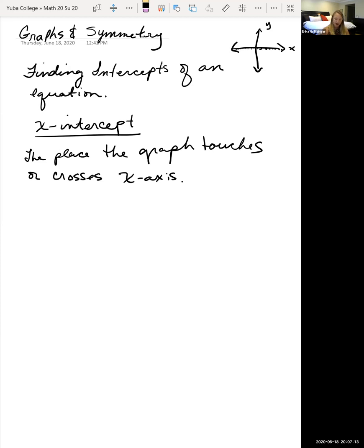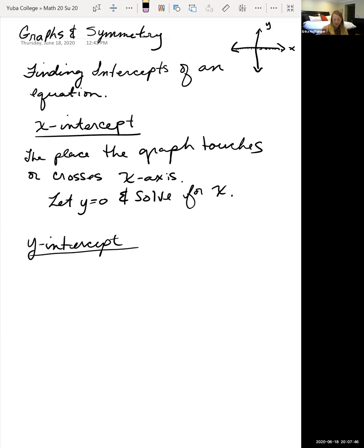And so knowing that defines the place where it's crossing or touching. You're going to let y equal 0 and solve for x. Depending on what type of equation we have, we would go about solving for our variable that's left.